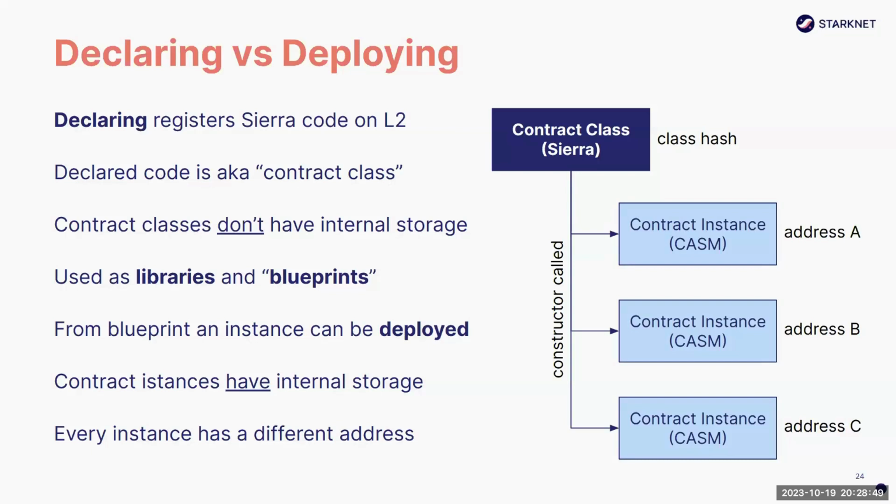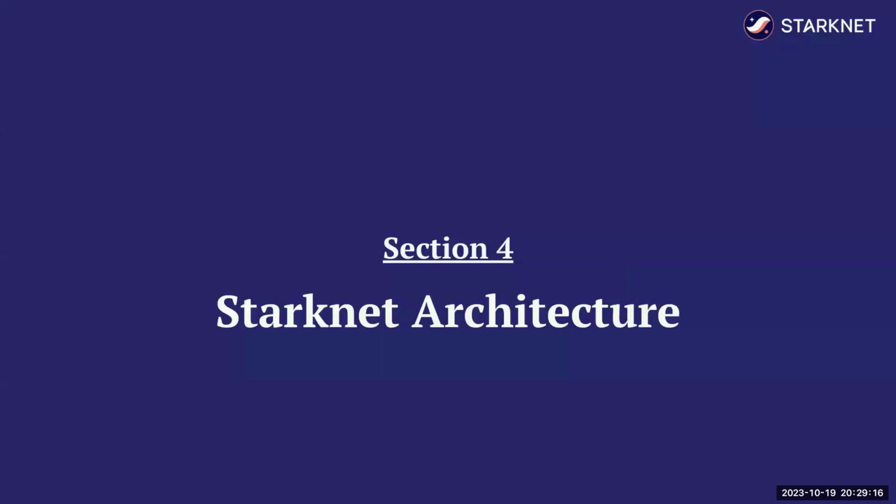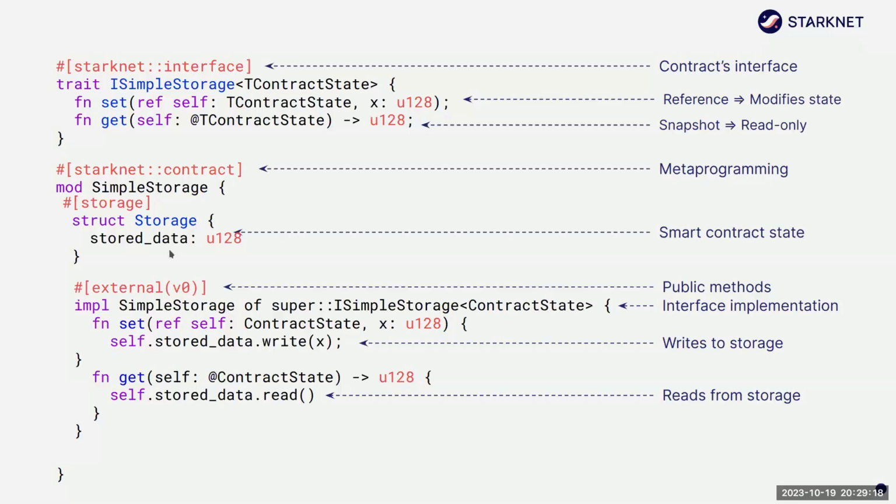Once you are deploying, you need to pass in your class hash alongside your constructor argument if there is one. The class is used as a library and blueprint. From the blueprint, an instance can be deployed. Contract instances have internal storage, and every instance has a different address. Say I have the code we had earlier, a simple storage contract.